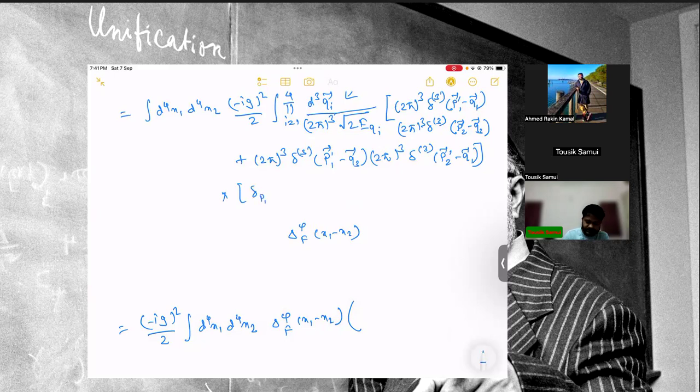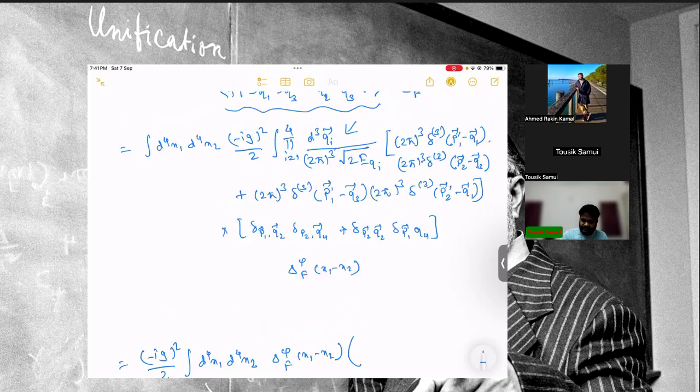Delta of p1 minus q2, delta of p2 minus q4, plus delta of q4. So 2 delta functions here multiplied by another 2 sets of 2 delta functions.